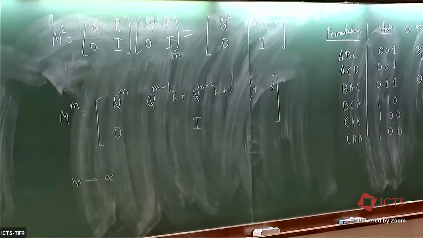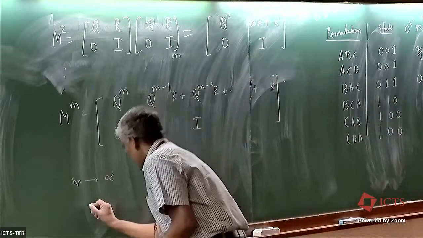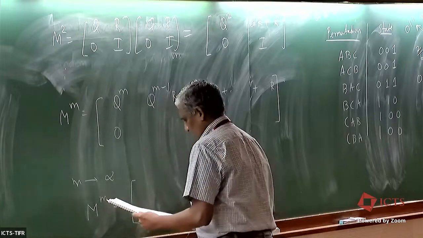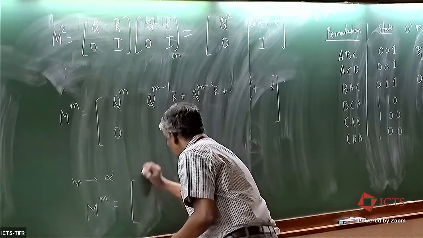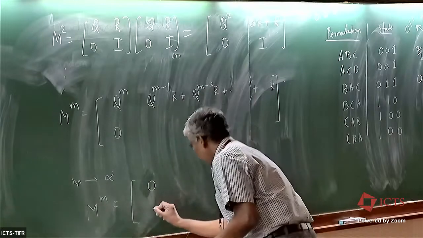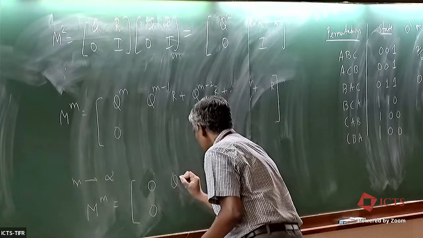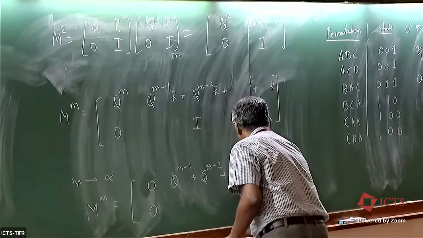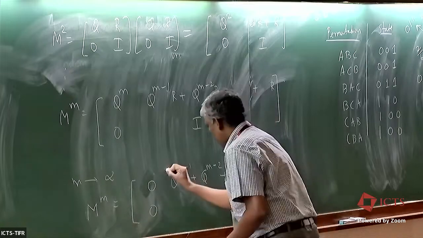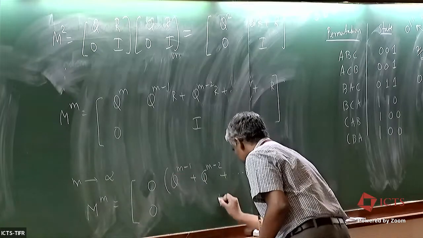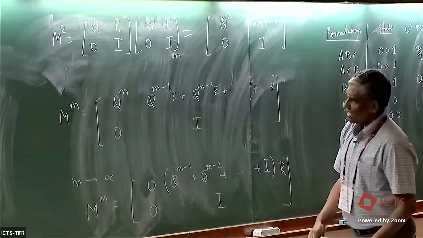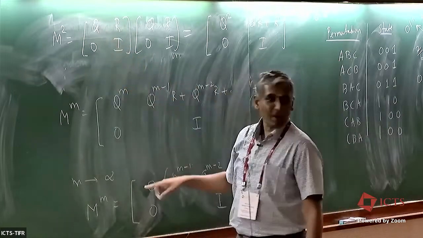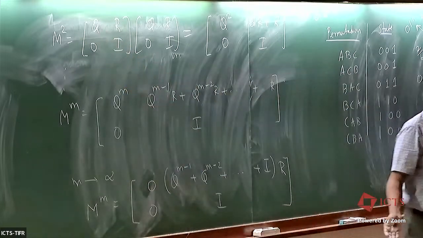And when m tends to infinity, it will essentially boil down to 0, R, I. And that's very easy to understand. All values of Q are less than 1, so as you keep taking powers, eventually it will disappear. The entire matrix will disappear, okay?